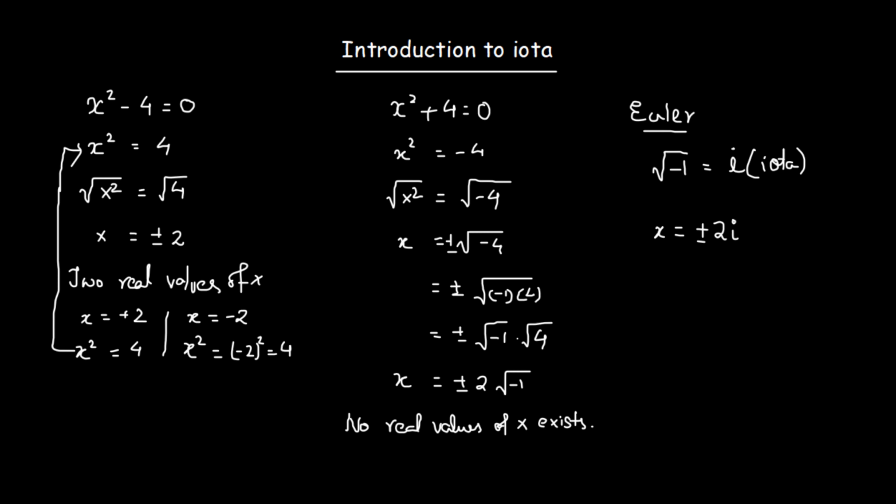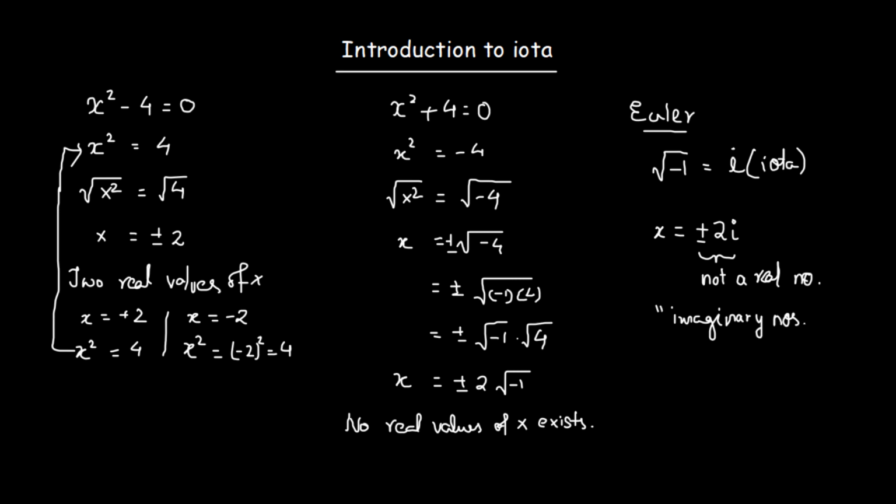Now this twice i is not a real value. This is not a real number. And he said that this number belongs to a set called the set of imaginary numbers.